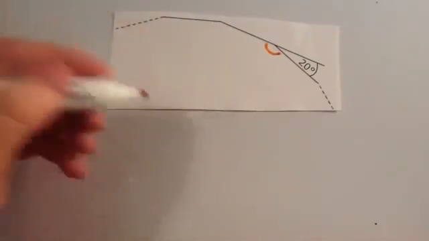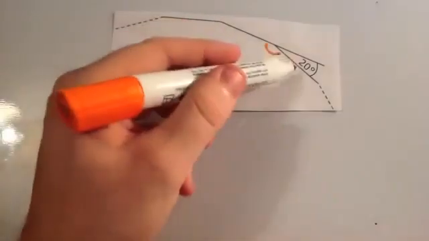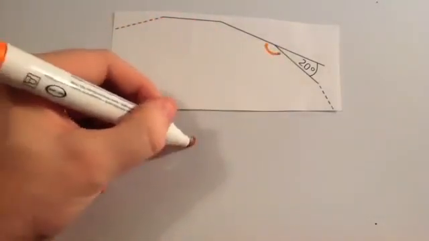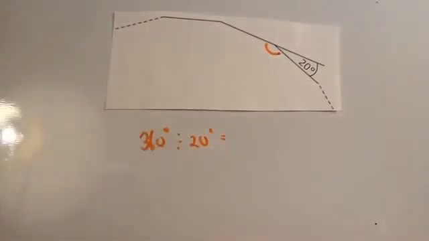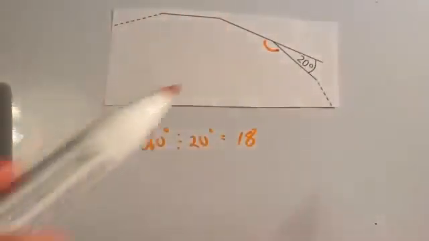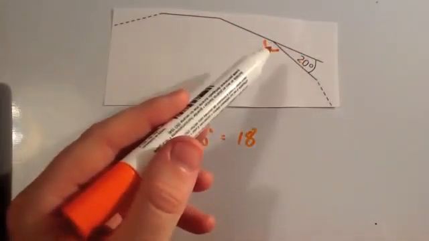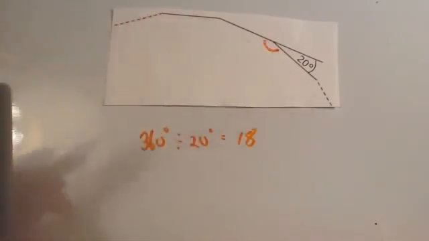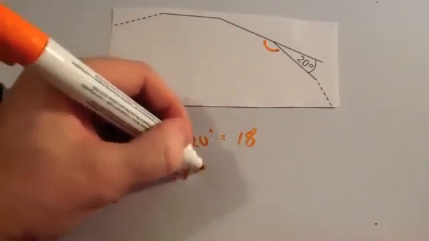So if you divide 360 degrees by the size of each exterior angle, which is 20 degrees, you should be able to work out how many exterior angles there are. So 360 divided by 20 gives 18 exterior angles. If there are 18 of these outside angles, that means there are 18 angles, which means this shape has got 18 sides. So this regular polygon has got 18 sides.